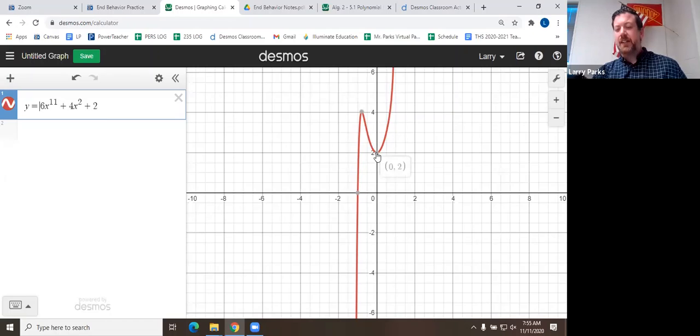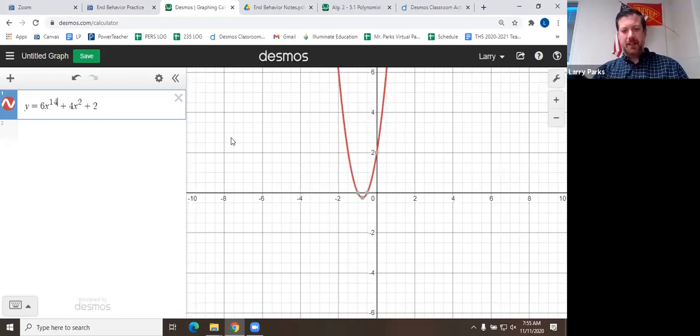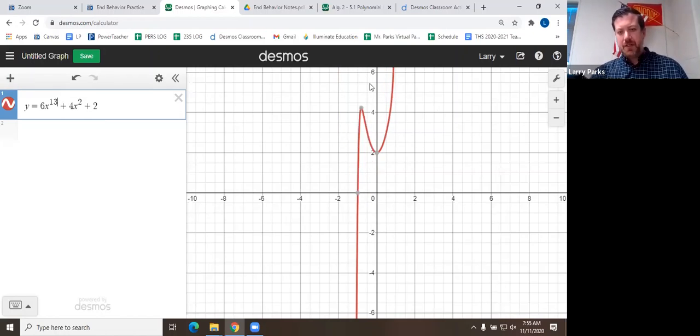And then right here, we have a relative minimum because it's not really the minimum. It goes down forever on the left. But if I had this, say a 12, then that is, of course, the minimum. So relative just means it's not really the minimum or maximum, but it is a point at which the graph changes direction. It's called a turning point.